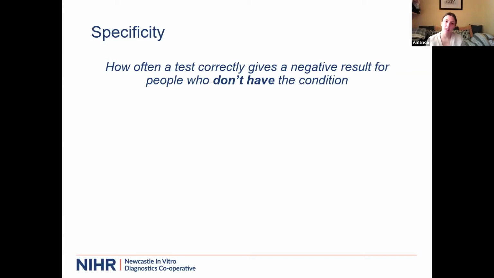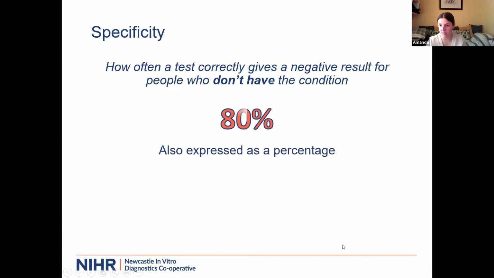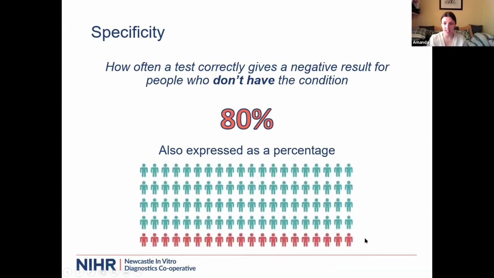And again, we're not very inventive. They are also expressed as percentages. I've given an example here of a specificity of 80%. And here's our crowd back. This time, these are the true negatives. 80% of them are true negatives. We've got correct. And then 20% there are false positives. So you can see how we derive that number.